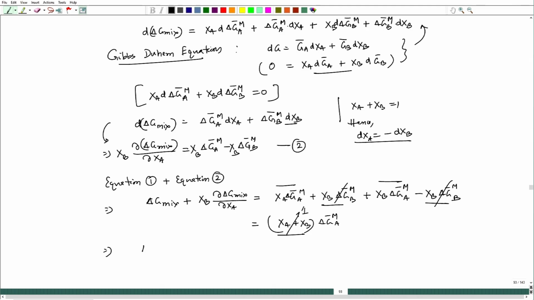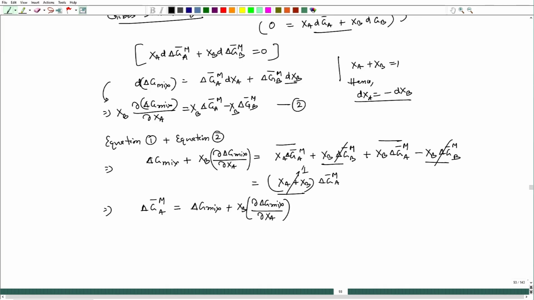So delta G bar M A is nothing but delta G mix plus x B dx A. Now you see we are getting one of those expressions. If we know the delta G mix expression, we can easily calculate the two partial quantities.